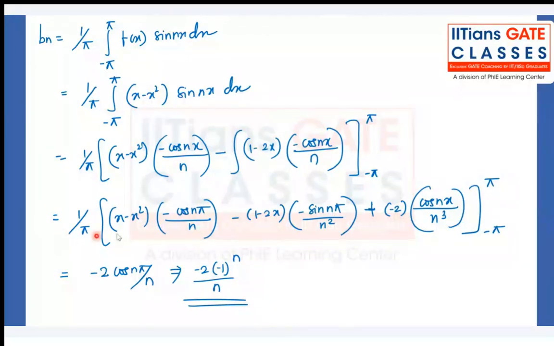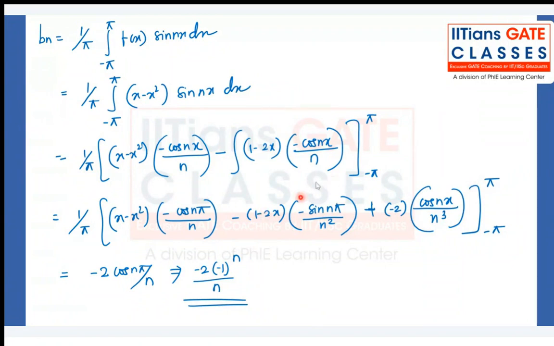And further, if you simplify, you'll end up with this big equation. Okay. This is just a simplification part. I will not explain it. Once you put the limit, you will realize that wherever you have a sine term, that will become 0 because sine of pi is 0, sine of minus pi is also 0.